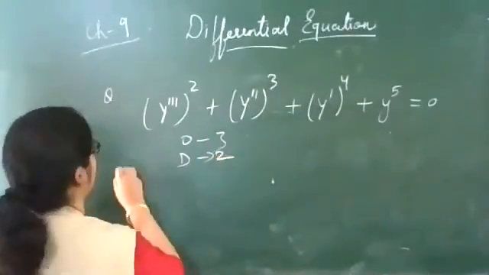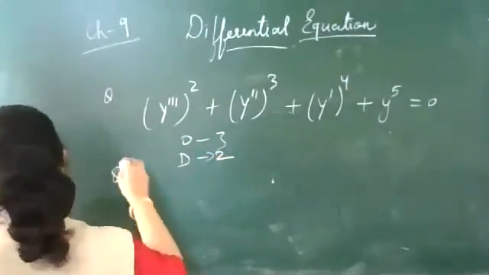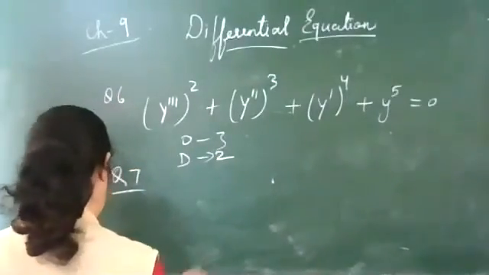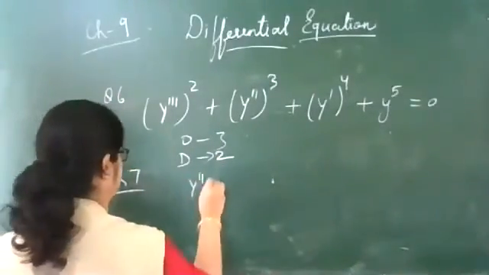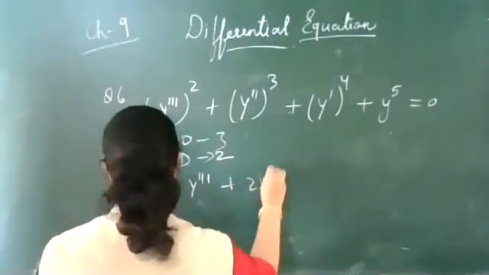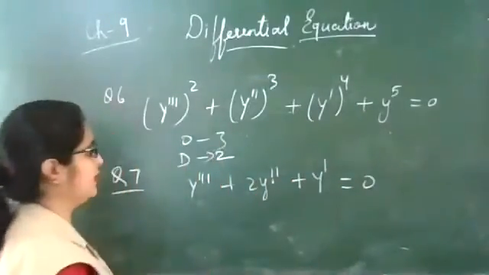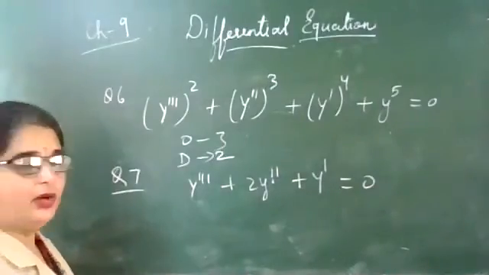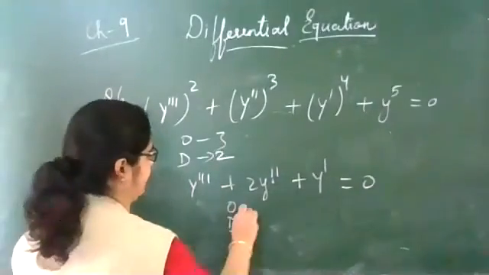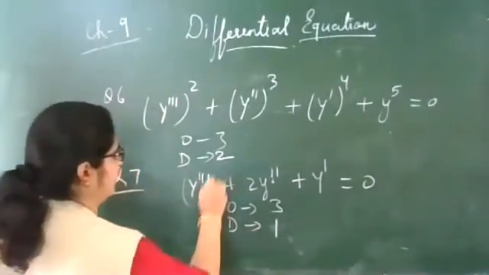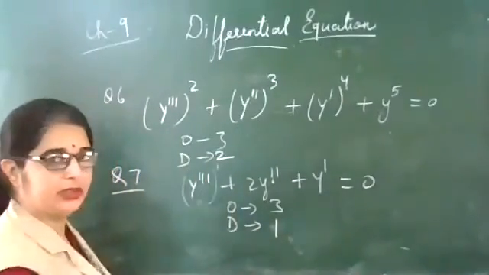Very good. Yeah. Number 7. y triple dash plus 2y double dash plus y dash equal to 3. Order 3, degree 1.